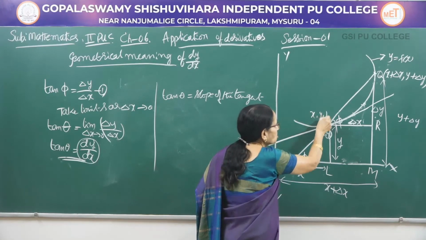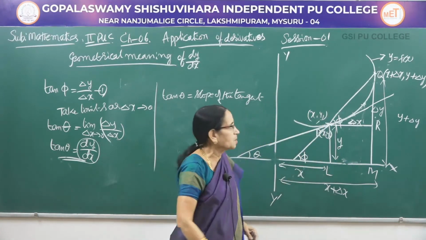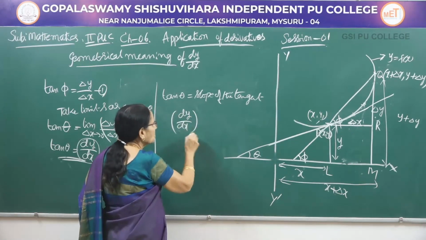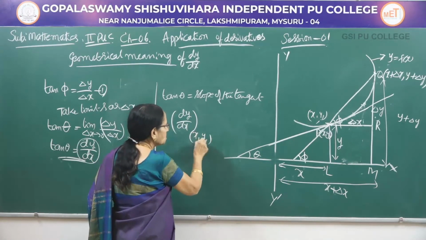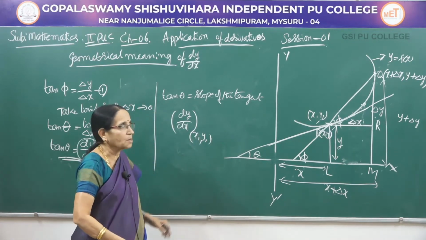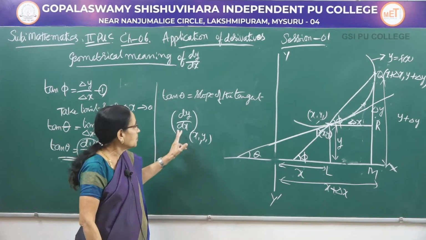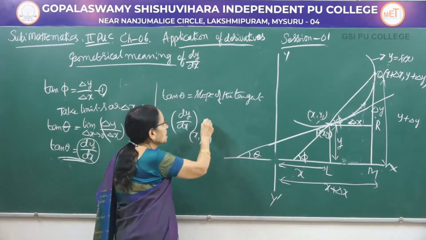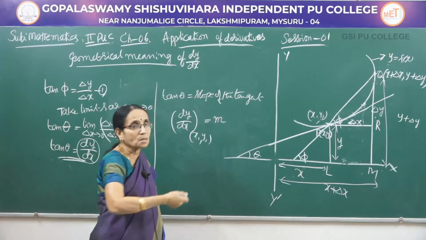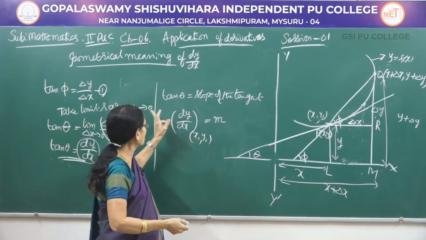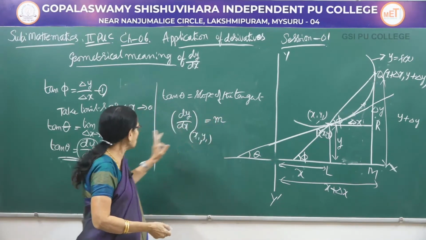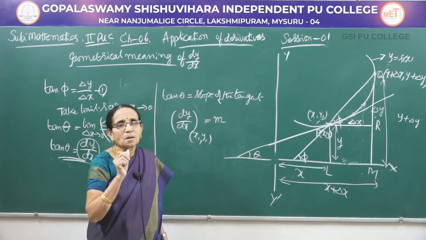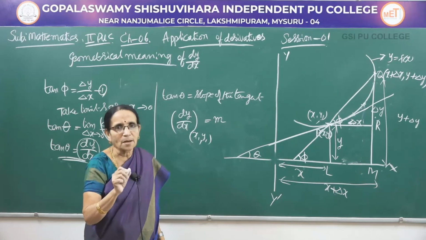Suppose I take this point to be x1 comma y1, then we write dy by dx with a subscript below, and read it as dy by dx at x1 comma y1. Then we get some number here. It is nothing but the slope, because we have seen that tan theta is the slope, but tan theta is dy by dx. Therefore, dy by dx gives us the slope of the tangent.